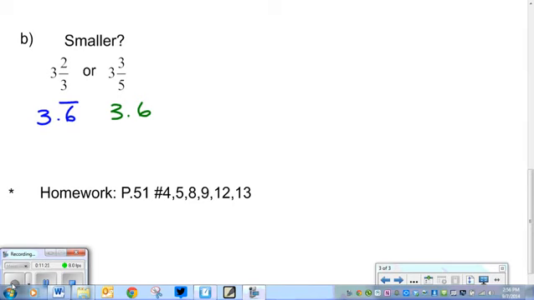So if we were thinking of this as money, this would be 66 cents, and 3 3/5 would be 60 cents. So now when we're thinking, okay, which one is smaller? Well, $3.60 is less than $3.66. So 3 3/5 is the smaller value.